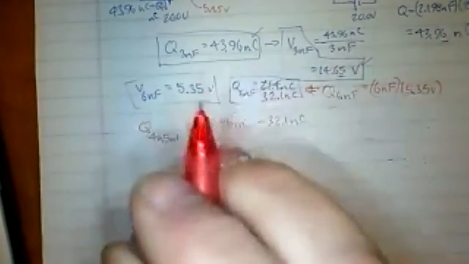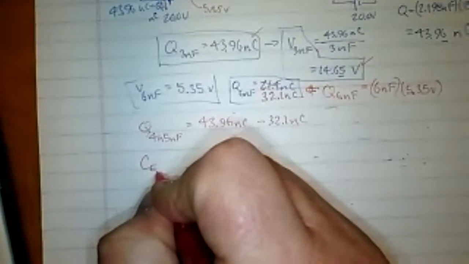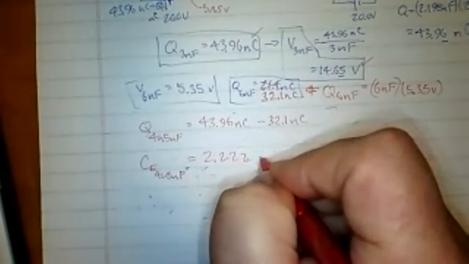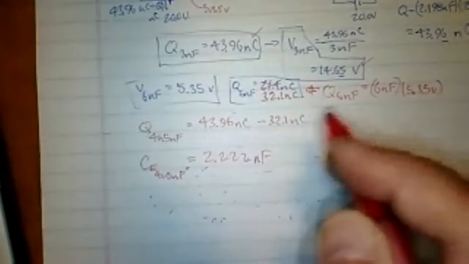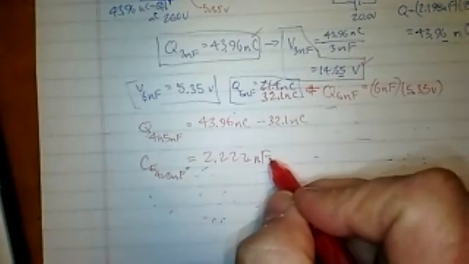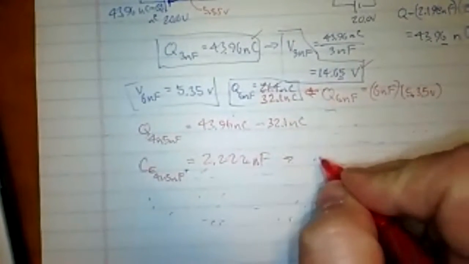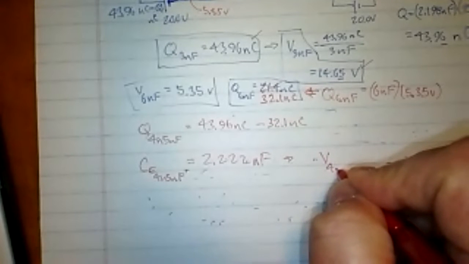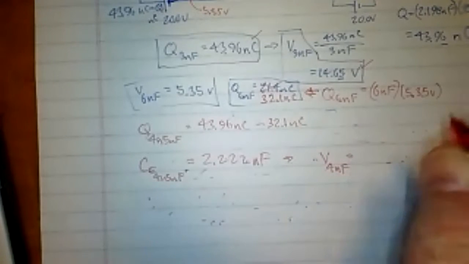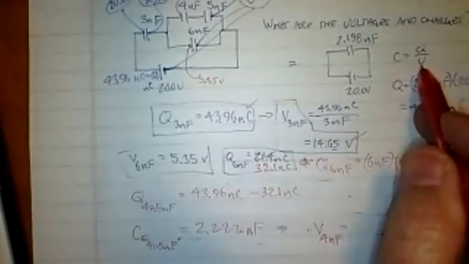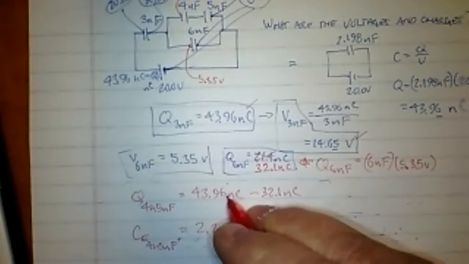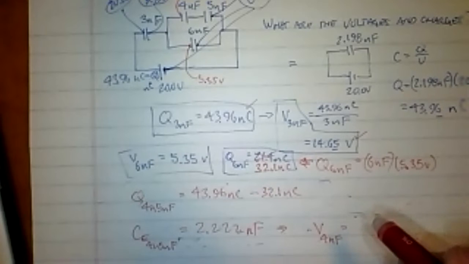But what I also know is that the equivalent capacitance of those two, C equivalent for 4 and 5 nanofarads, was the 2.222 nanofarads. So using this, what I'll say is the voltage for the 4 nanofarad capacitor is equal to, notice if you solve C equals Q over V for V, you get V equals Q over C. Actually, no, I don't want to do that. Oh, yeah. Okay.